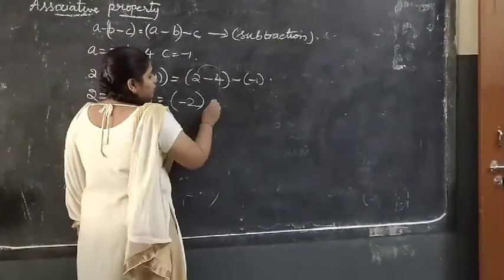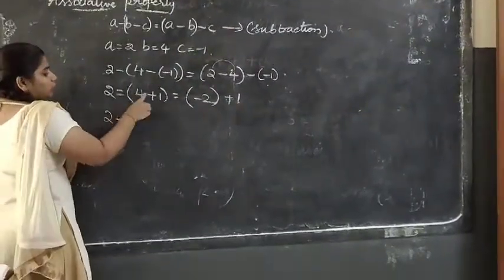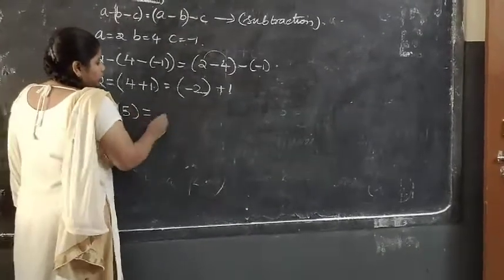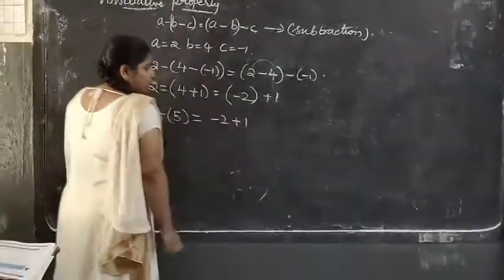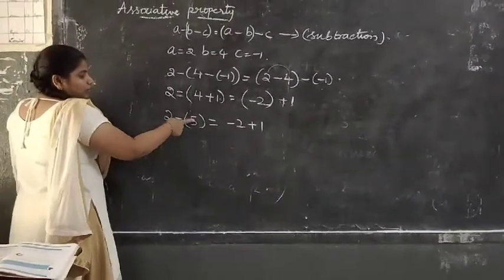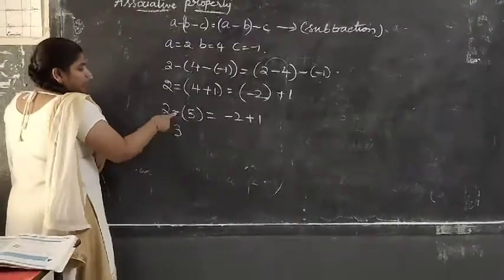Minus into minus will be plus 1. Now 4 plus 1 will be 5. Then 2 minus 5: plus into minus is minus. Subtract the bigger number from the smaller number, 5 minus 2 is 3. The bigger number's sign is minus.